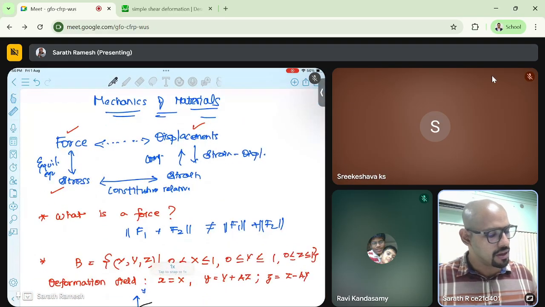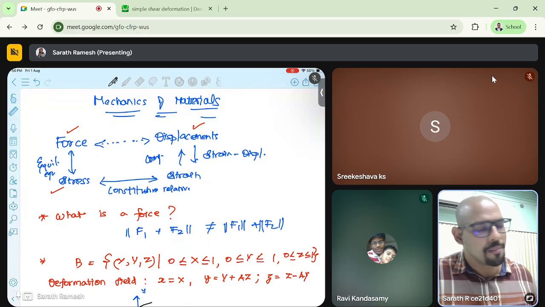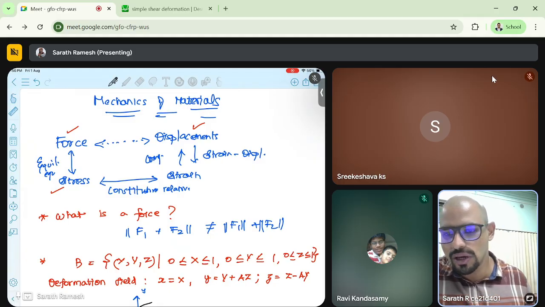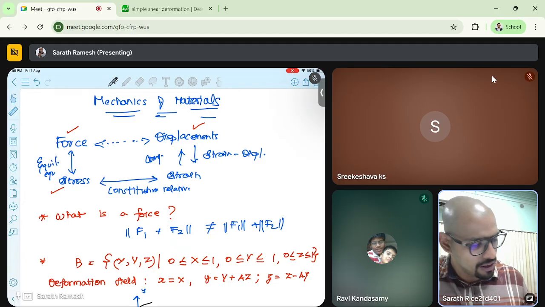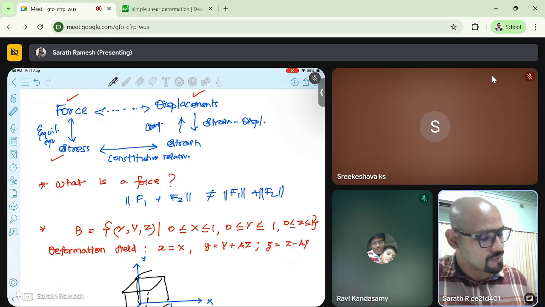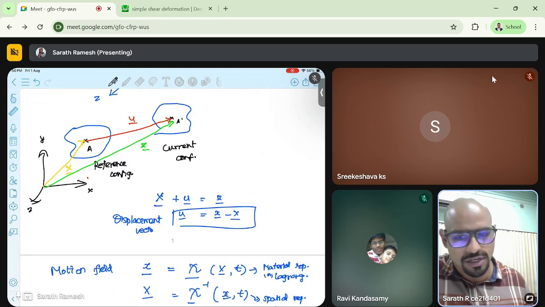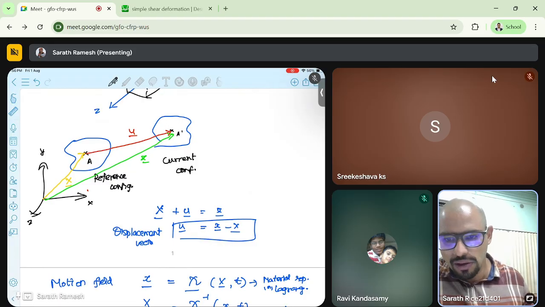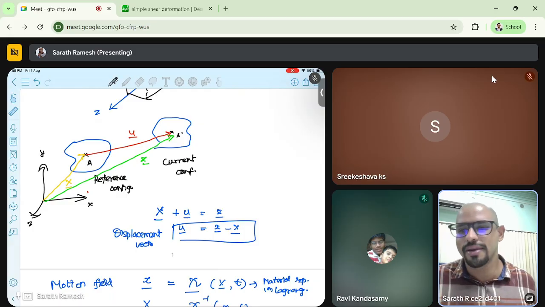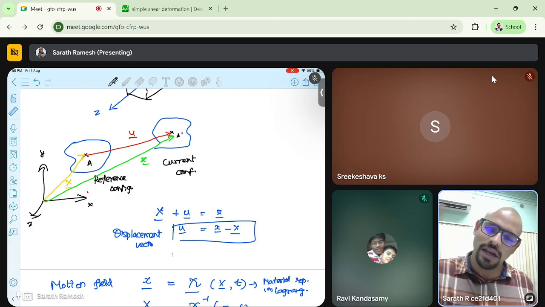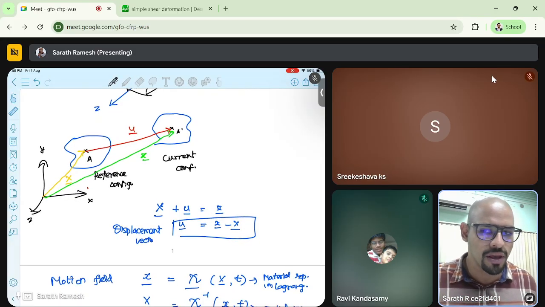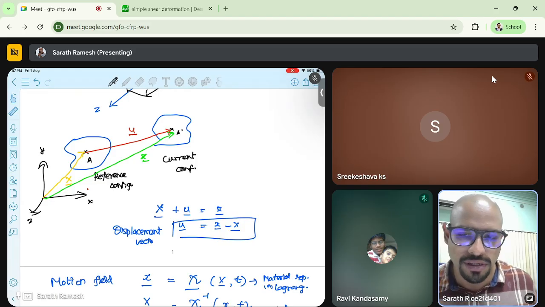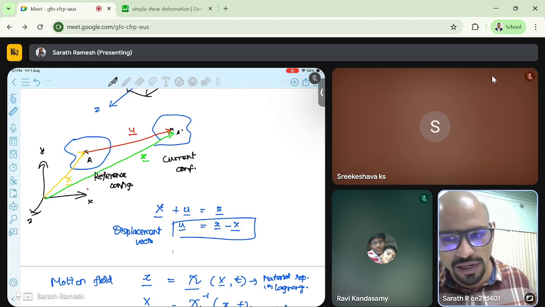So we saw force is a mathematical or imaginary quantity which is used to represent the displacement of a body, and we saw what displacements are and how we measure them. We saw what a body is, the initial or reference configuration, the final or current configuration, and how it moves from initial to final, which we represent using a displacement field.